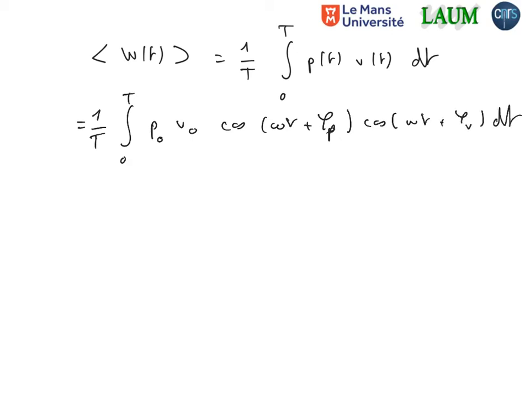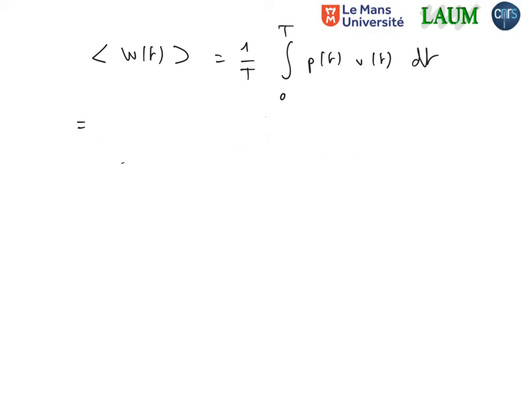Here we have a product of two trigonometric functions. Of course, there are some formulas to handle this, but it is not so simple, especially because we have these two phase shifts. So I don't want to do it like this.